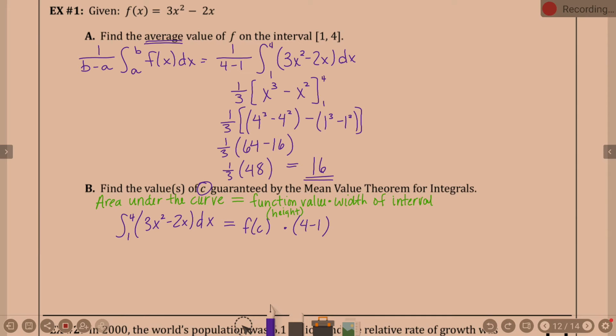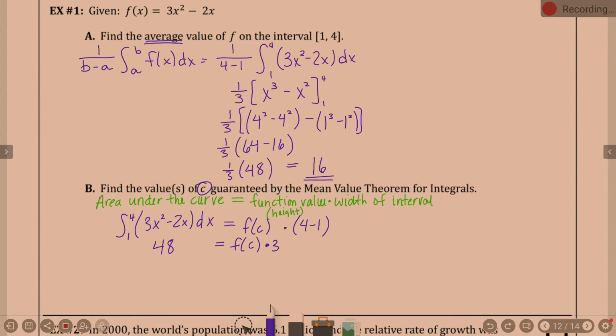Now, we already have most of this information. Can you tell me the value of the integral from 1 to 4 of 3x squared minus 2x dx? What would that have been? The 48, right? Not the 16, because the 16 was when we did average value, and that's a third of it. So this side is 48. f of c, I'll leave it f of c for our step here. 4 minus 1 is 3, yes?